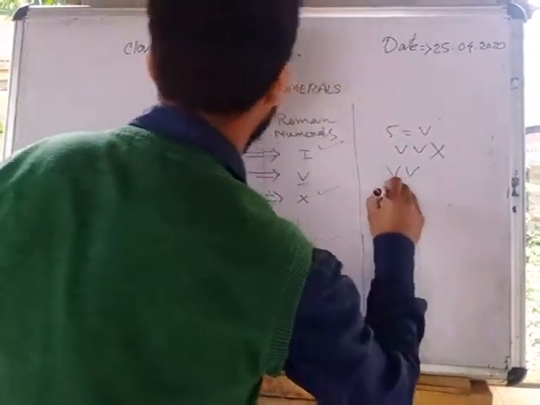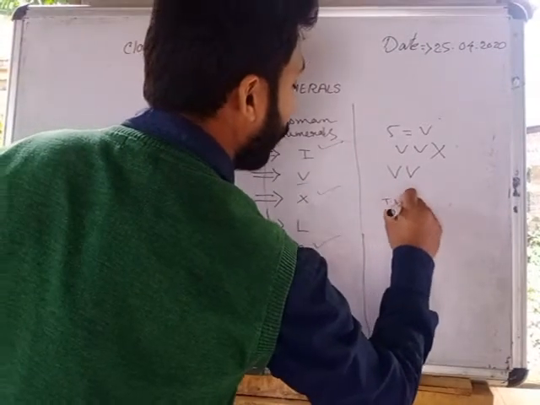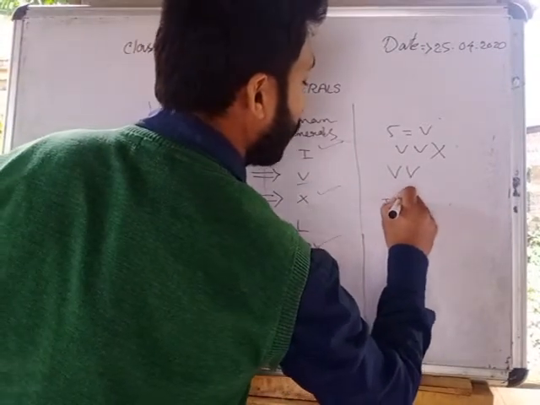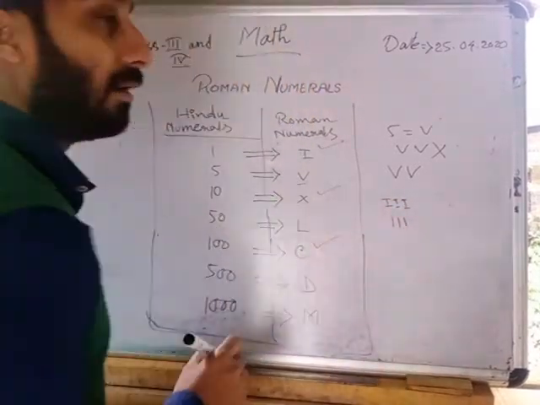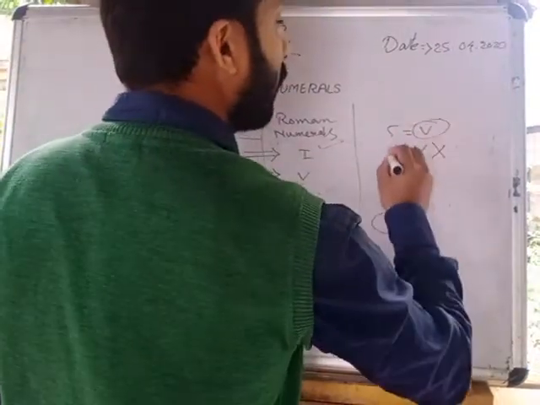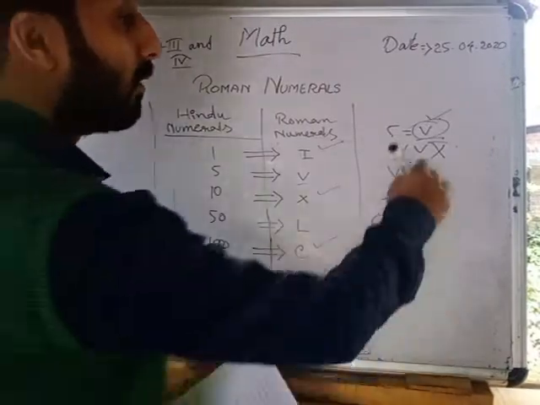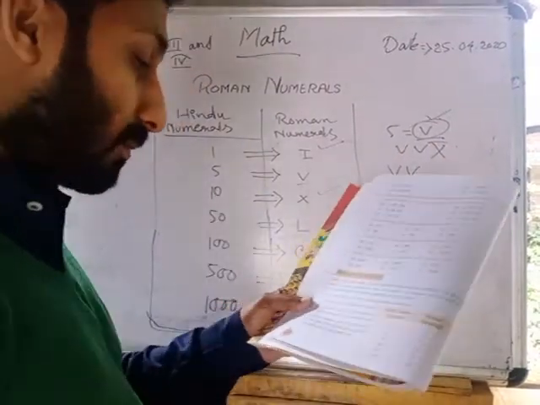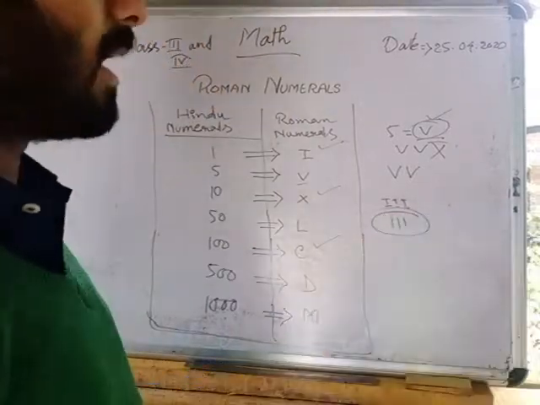That's why when we write 3, we repeat I three times: III. I can be written repeatedly, but we can't write V repeatedly. They can be repeated up to a maximum of 3 times only.